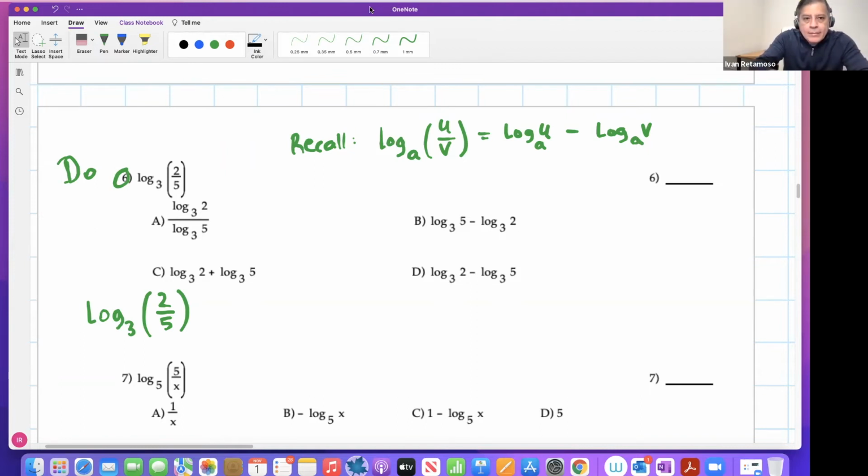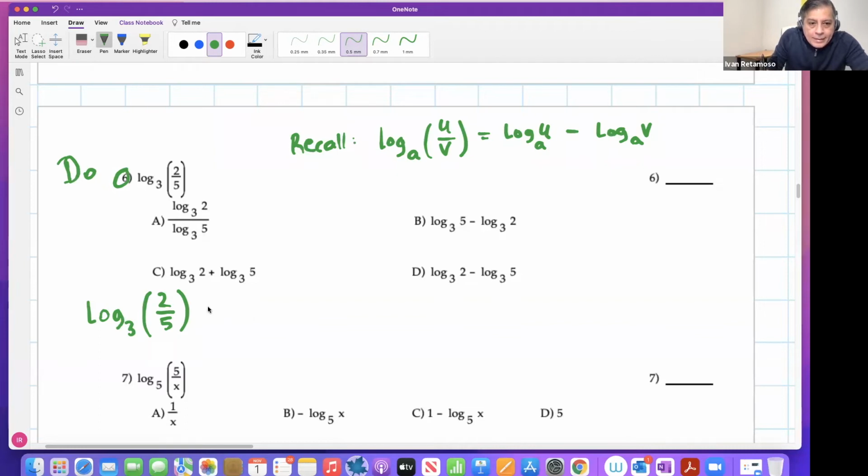Aha, very good. Jay, excellent. Yeah, you got it. Gabriel also, very good, excellent. Yeah, it's not that difficult. Remember, the log of the quotient equals the difference of the logs.